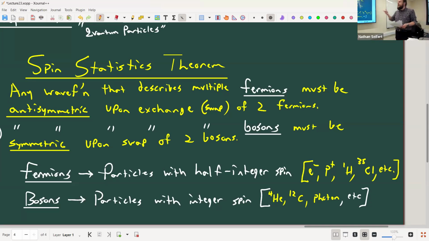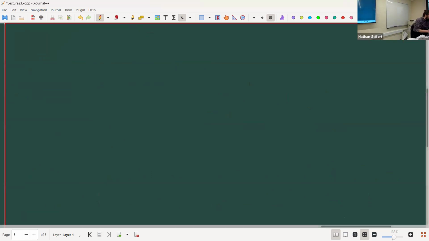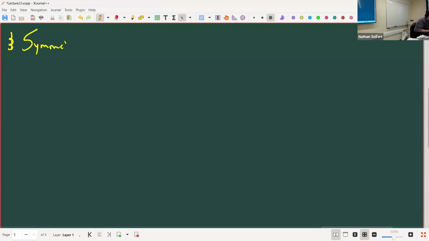All right, so what does it mean to be antisymmetric or symmetric upon exchange? So let's talk about it. Very, very simple algebraic property. A symmetric wave function satisfies this property.